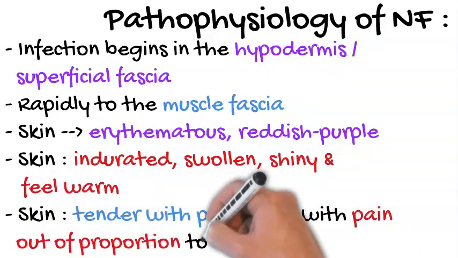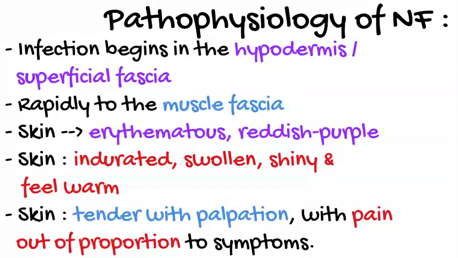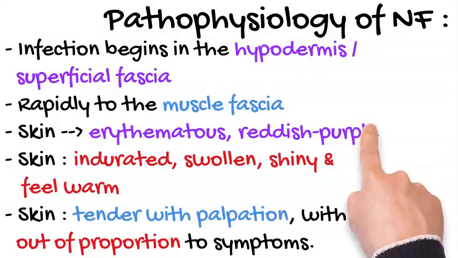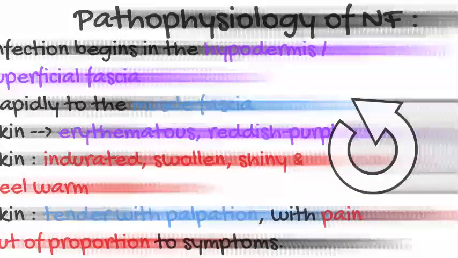After several days, the overlying skin, which appears unaffected initially, will turn to an erythematous reddish-purple to bluish-grey. The texture of the skin will become indurated, swollen, shiny, and feel warm in temperature. The skin is very tender on palpation, with pain out of proportion to the presenting symptom.